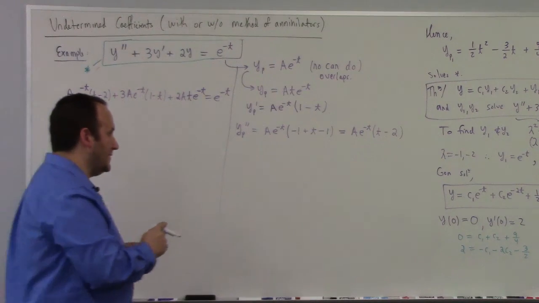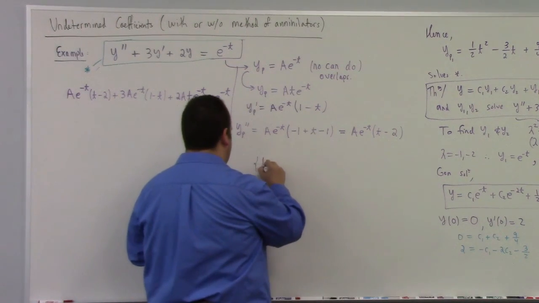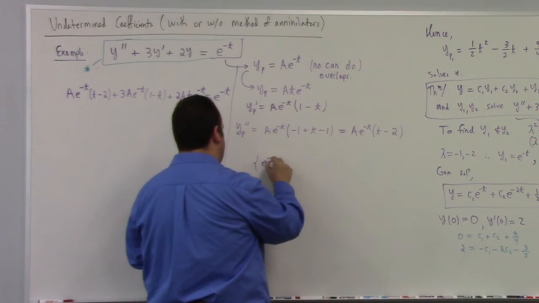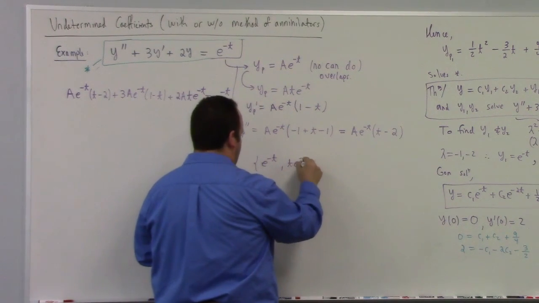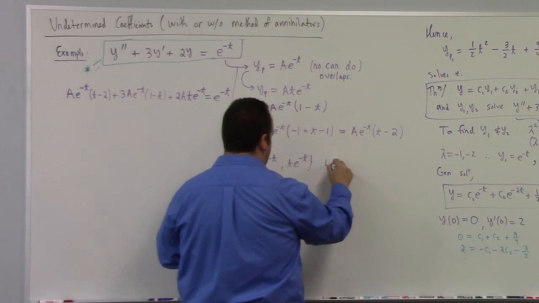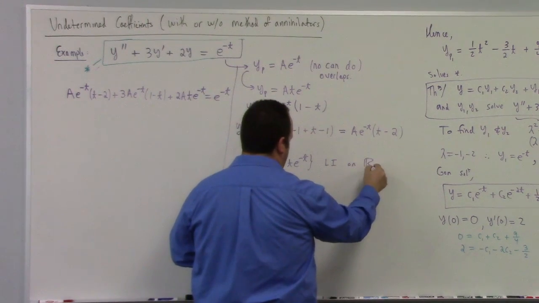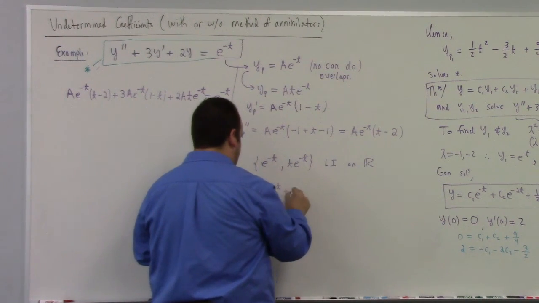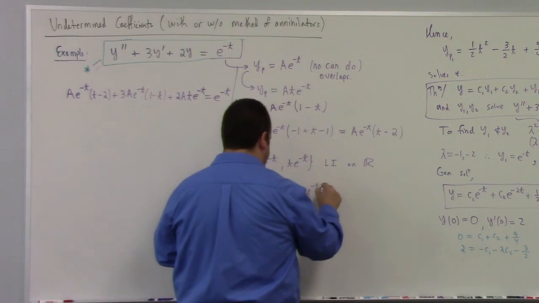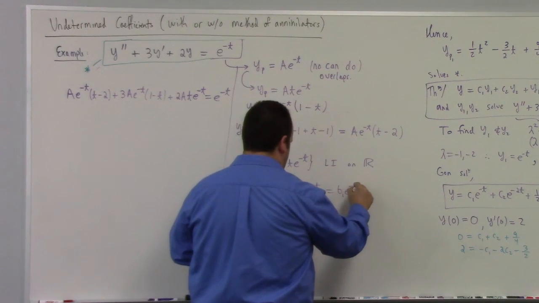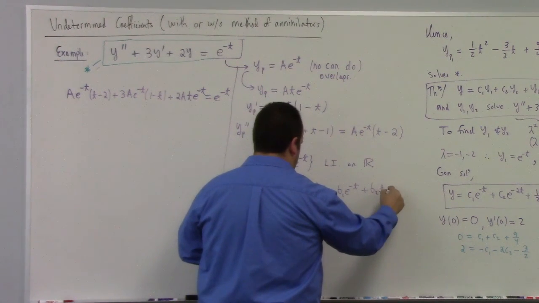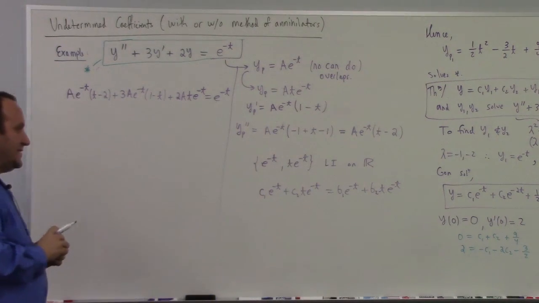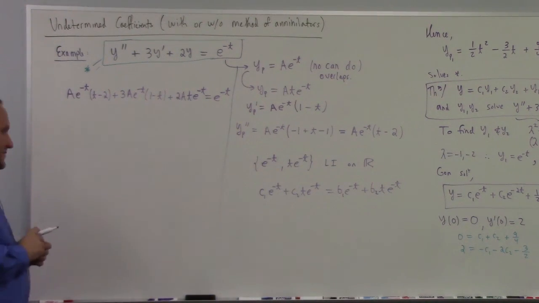And we can prove that e to the minus t and t e to the minus t are linearly independent on the reals, which means that they have this wonderful characteristic: there are so many wonderful gadgets and gizmos that linear algebra gives to you if you're willing to learn it.